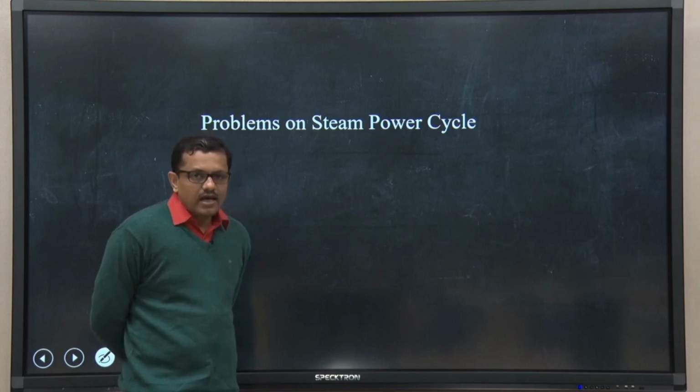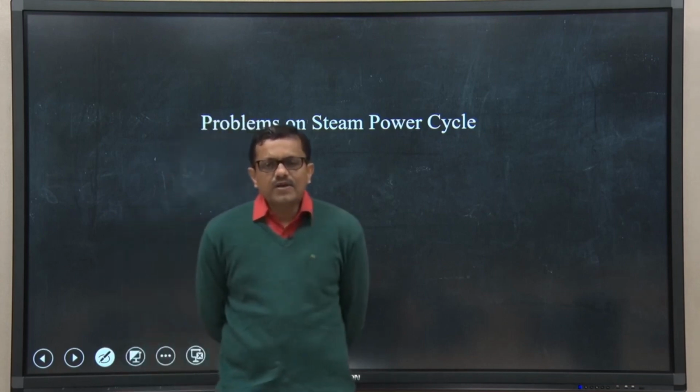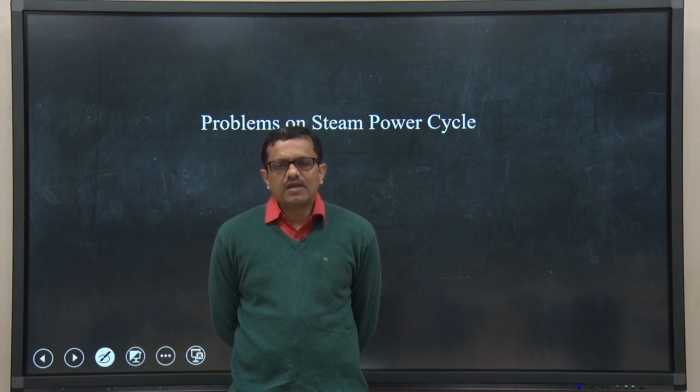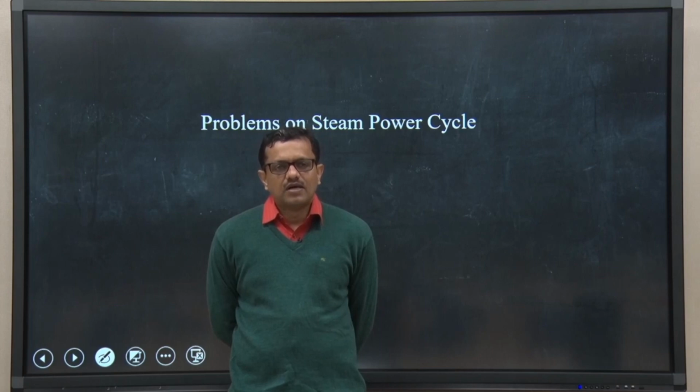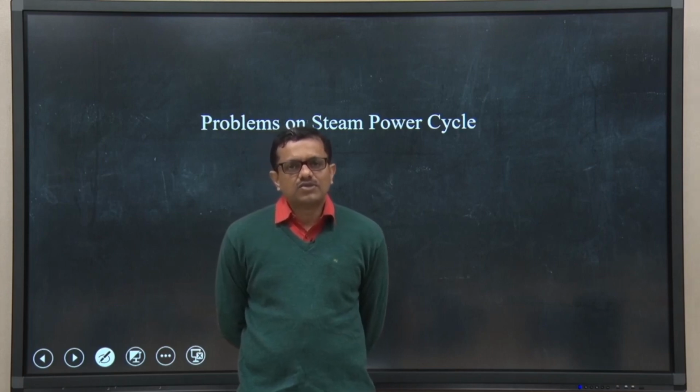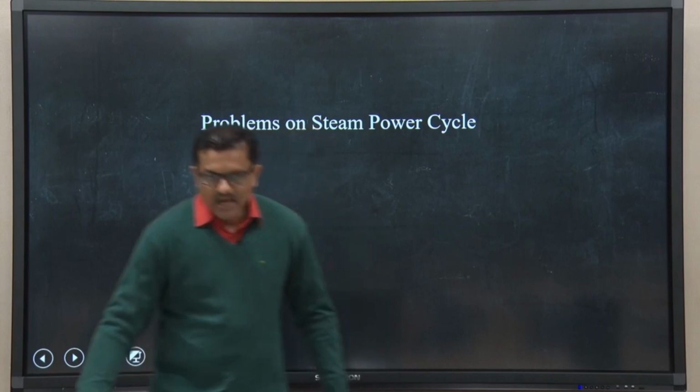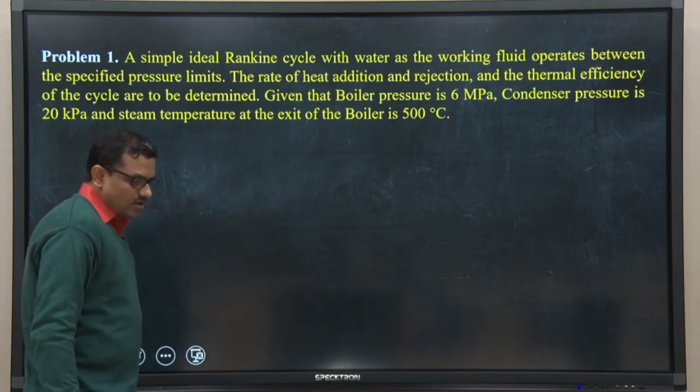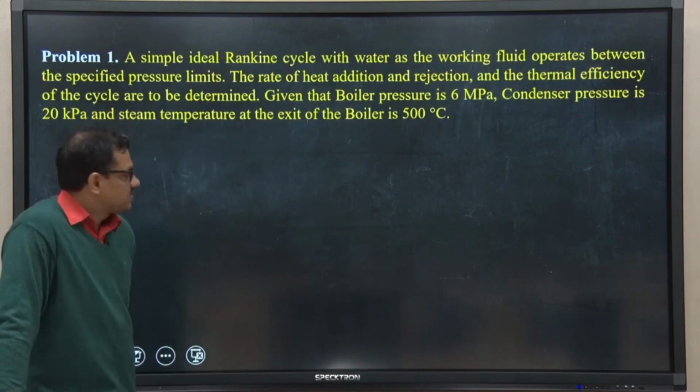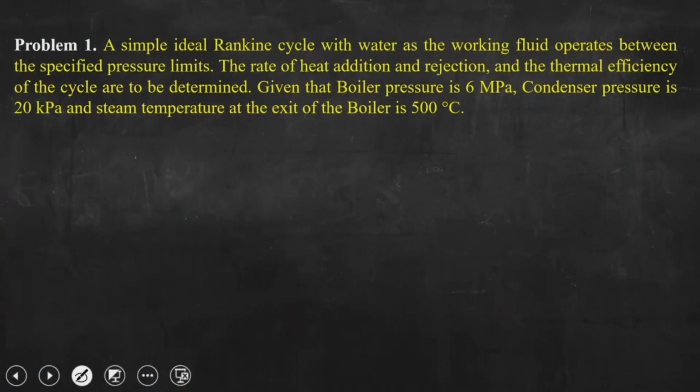So, to have a quantification of the thermal efficiency in a steam power plant, we need to solve a few problems. Accounting for this, today we shall solve two different problems. One problem I have taken from the simple ideal Rankine cycle. This problem we shall illustrate here to have a fair idea about the solution of a problem.